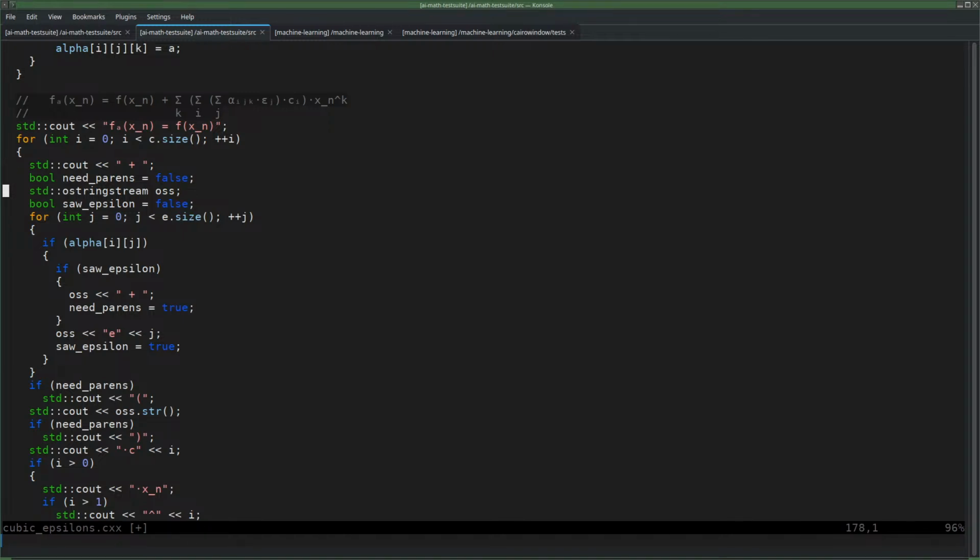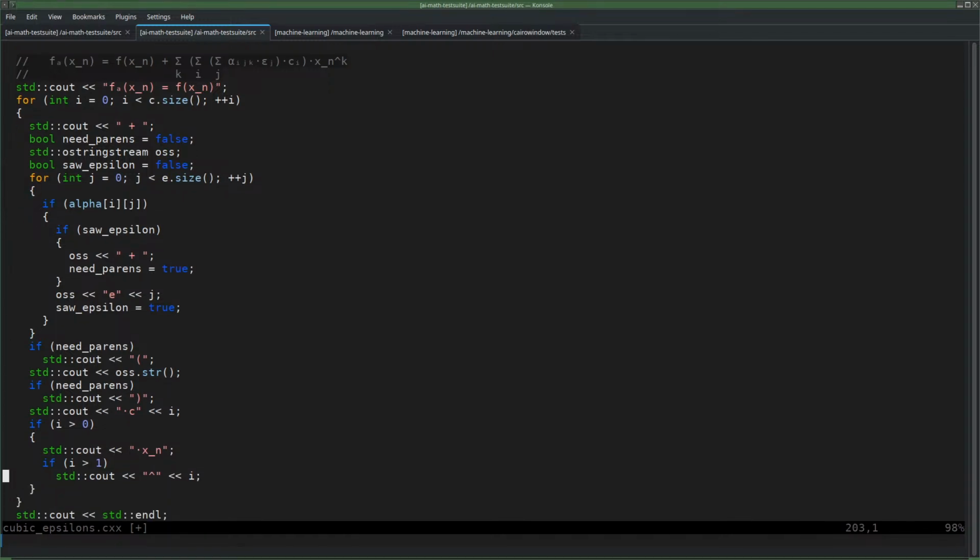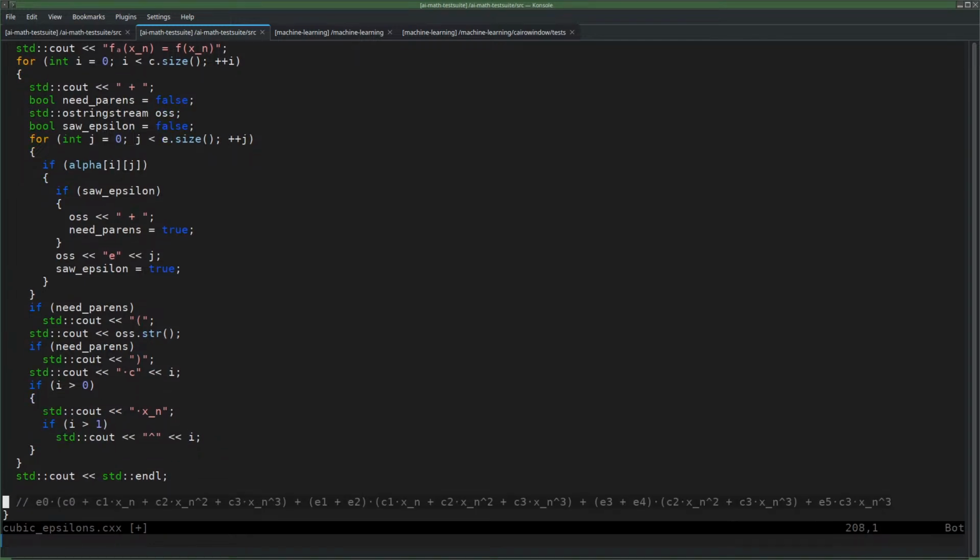Okay, so the difference from what I did before: if I is larger than 1, we have to the power I. But now this is to the power K. And if that combination of I and K doesn't exist, that would mean that all the alphas are non-existent.